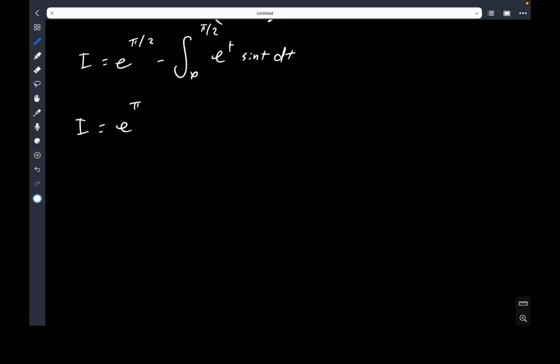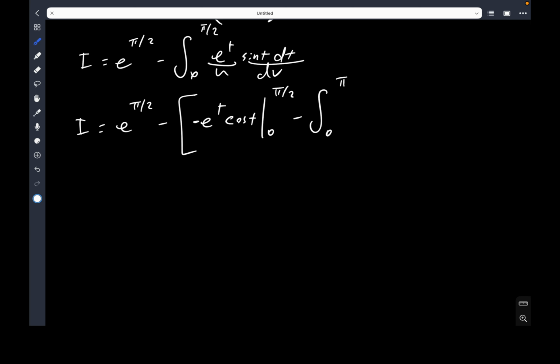If I do that, I'm not going to write it all out right now, but just to say this is my u and this is my dv. My u is e to the t, and the dv is sine t dt, so we get e to the t negative cosine t, the limit from 0 to pi over 2, minus the integral from 0 to pi over 2 of negative cosine t e to the t dt.